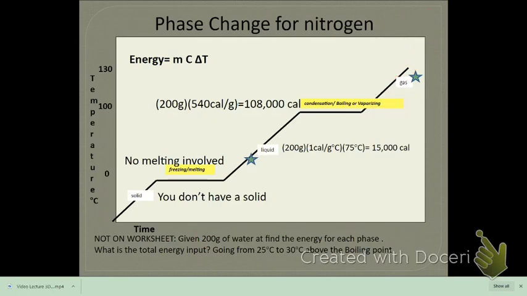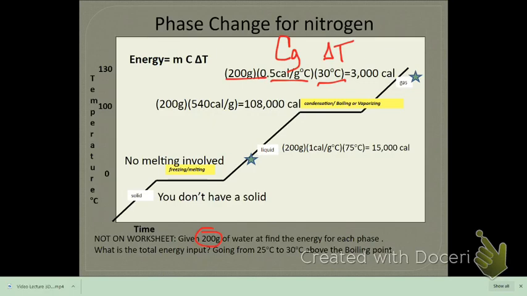So, when I put my numbers in, I have 200 from what I'm given, 0.5 calories per gram degree Celsius is a specific heat of water in a gas phase, times 30 degrees, which is my delta T, is going to give you 3,000 calories. So that's how much energy it took to go from 25 degrees Celsius, heat that water, liquid, and go all the way up to 130 degrees Celsius.